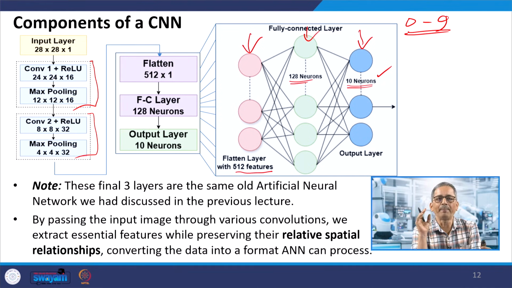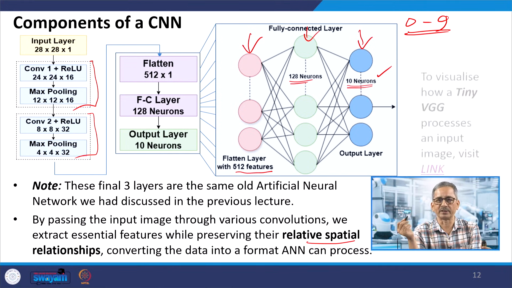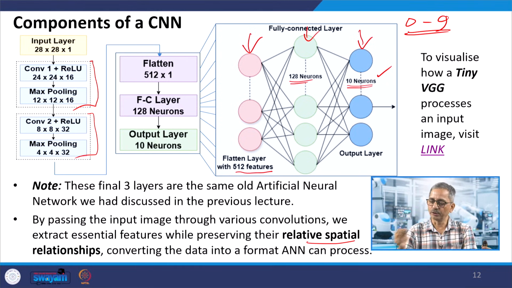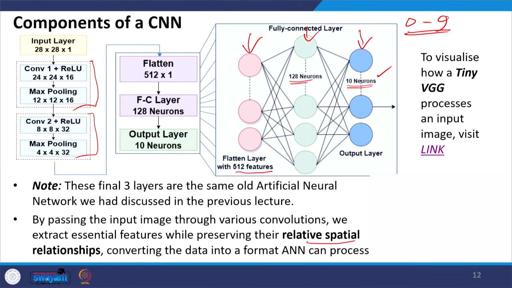Alright, by passing the input image through the various convolutions, we extract essential features while preserving their relative spatial relationship, converting the data into a format which ANN can process. To visualize how a tiny VGG processes an input image, I am showing a link which you can see and play with.